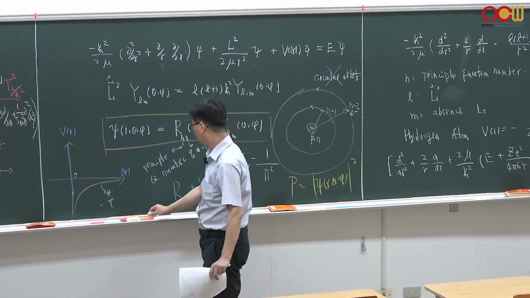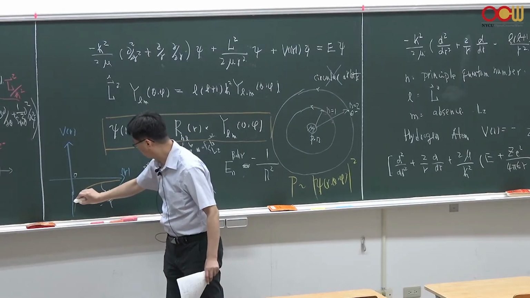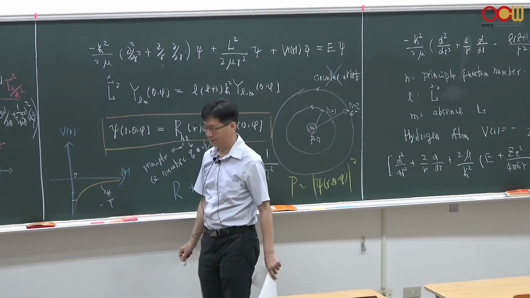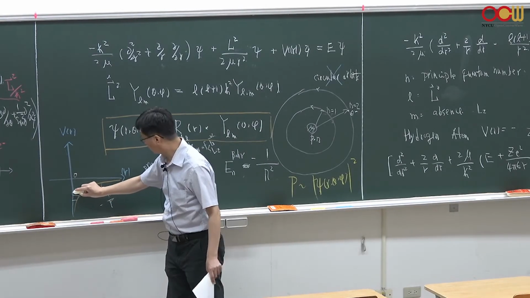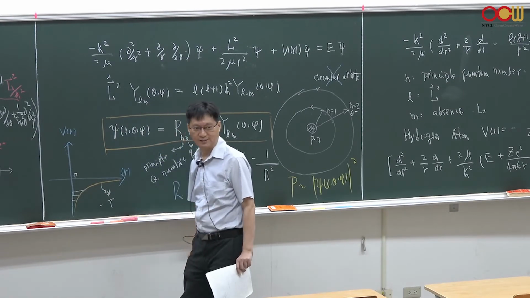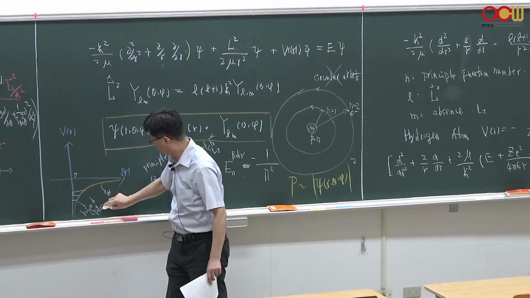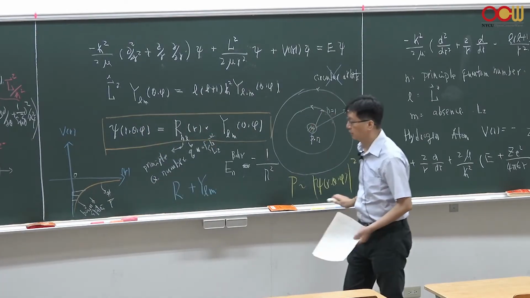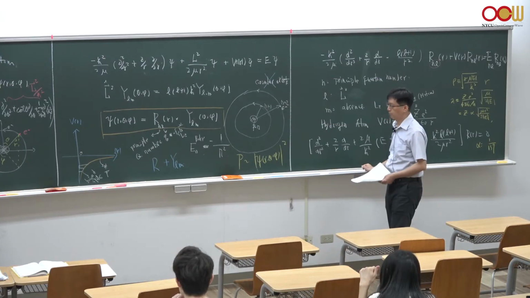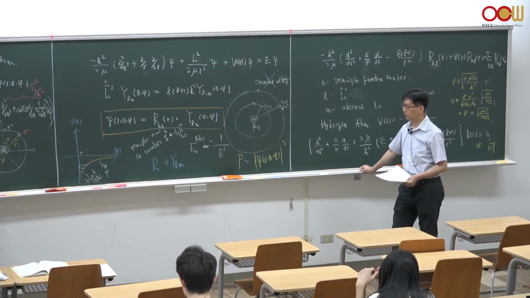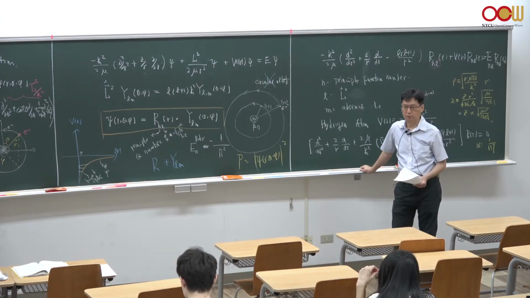So this is a very important point: whether you have a bound state, and how many bound states there are in the hydrogen atom. Remember, the bound states are the states that are bound by this potential. These particles in the bound state cannot escape from this potential well.